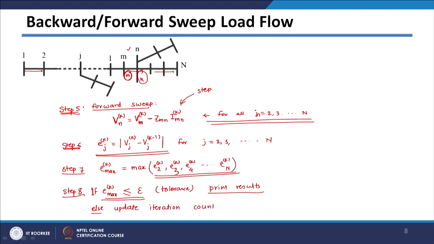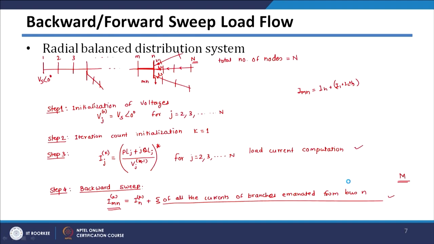So, we can make k equal to k plus 1. So, now you are going to the next iteration, and then you have to go to step 3. Step 3 we have seen, step 3 is here.